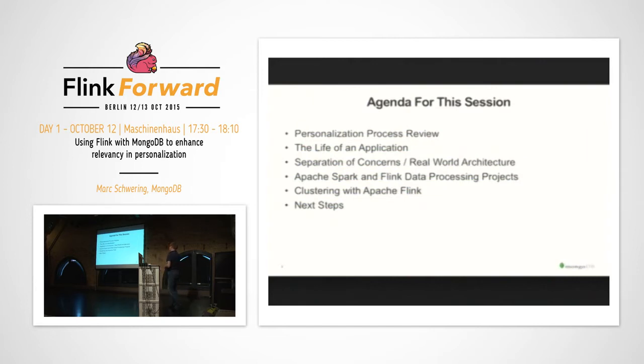I want to talk a little bit about the life of an application, the results and findings of the life of an application when it comes to personalization, and also some architectural info with regard to separation of concerns, and a short overview of Spark, Flink, and other data processing projects, and when it comes to clustering, how to do that with Flink.